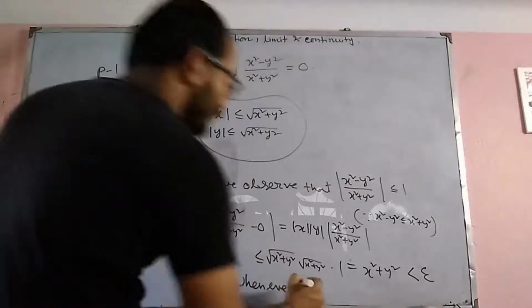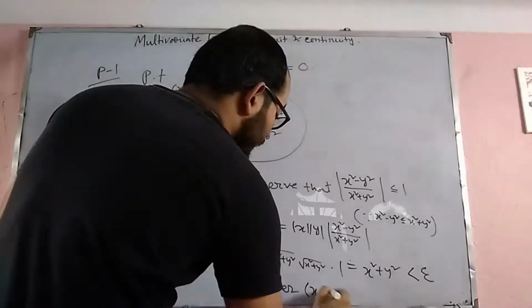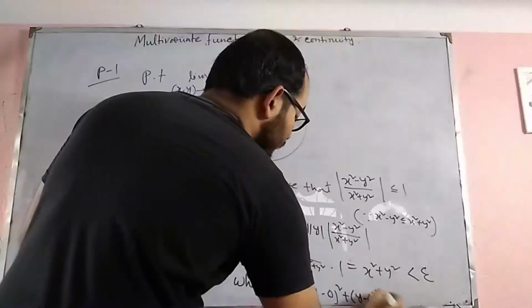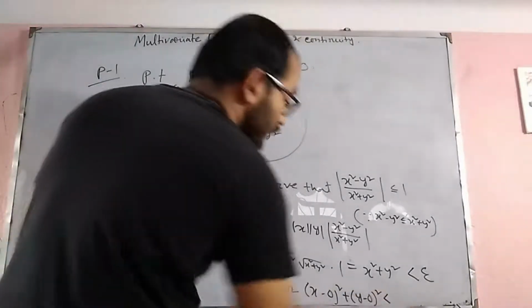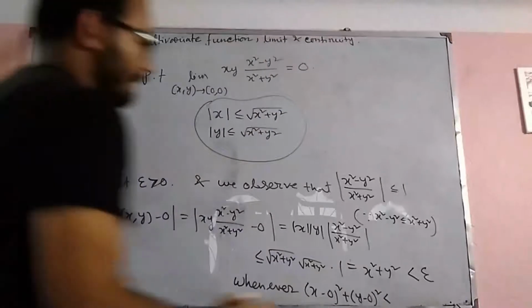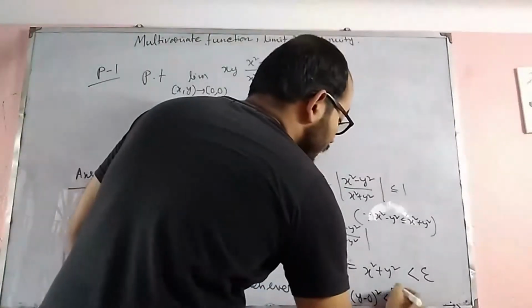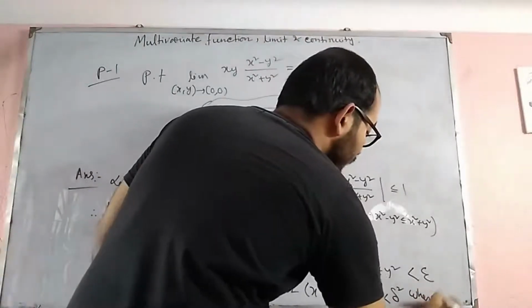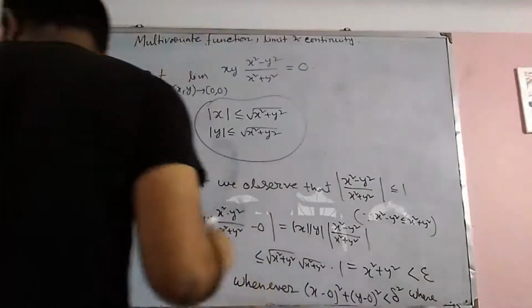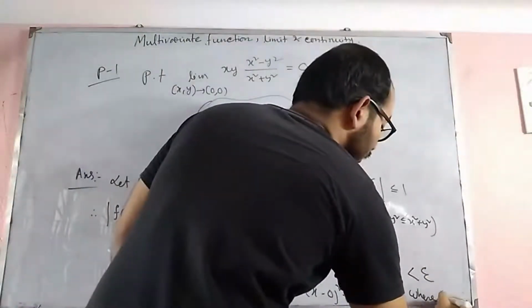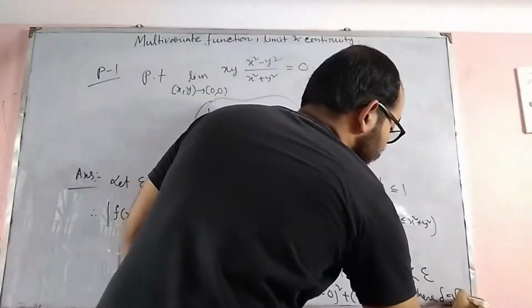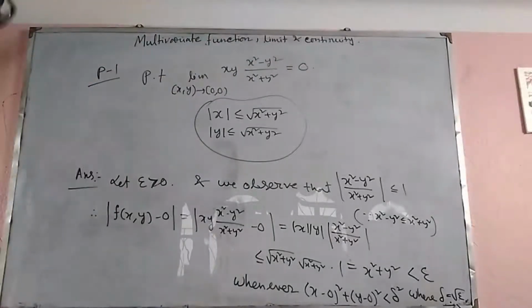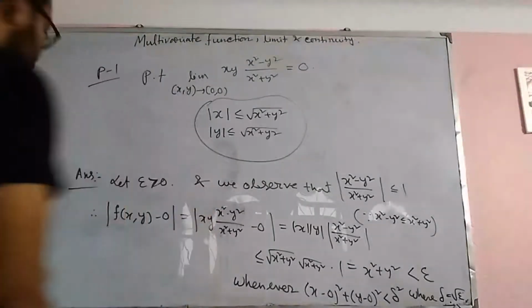whenever the distance from (0, 0) is less than delta, where delta is root over epsilon.